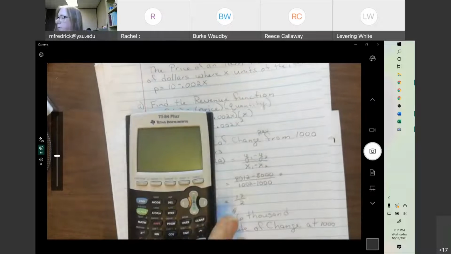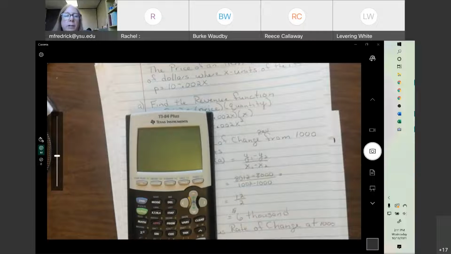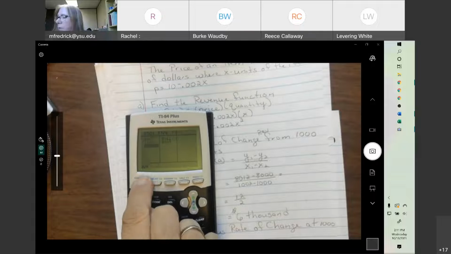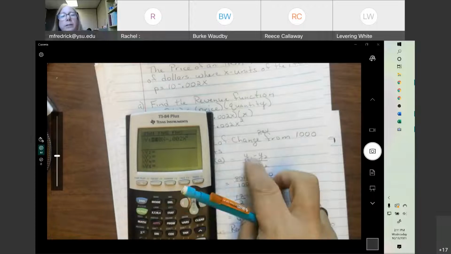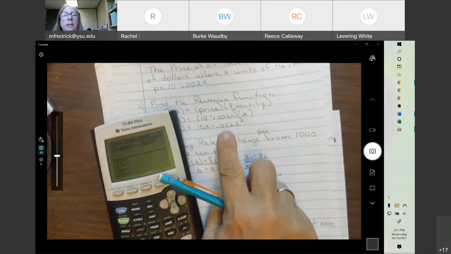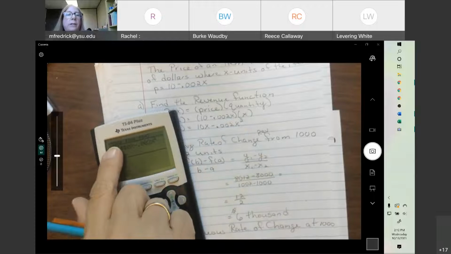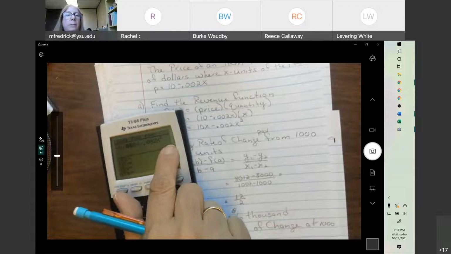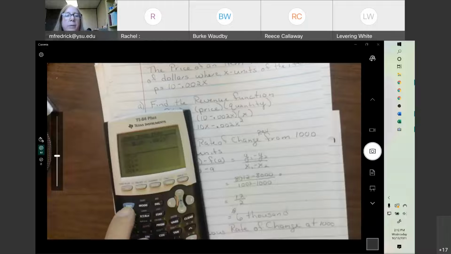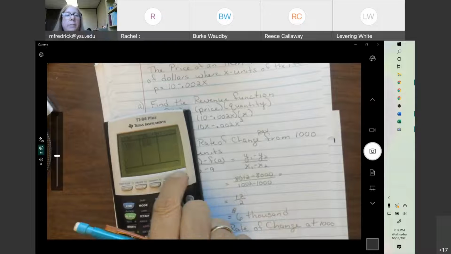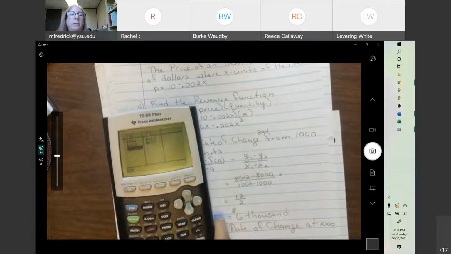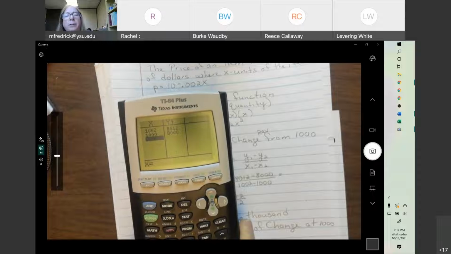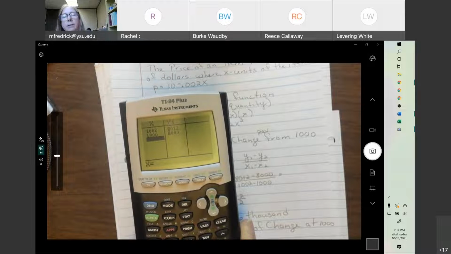So under y equals, I put the equation 10x minus 0.002x squared. And then I went to the table, second and table. And when you put the 1,000 in, you get 8,000.